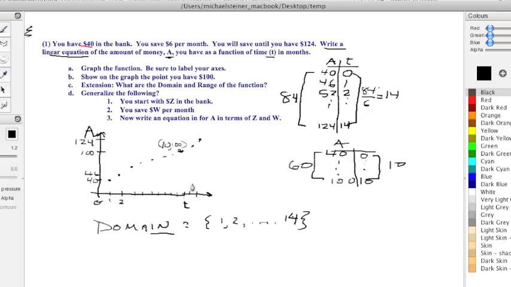Oh, and we didn't write the function here. Well, I guess I asked for it up here. Write the function. So let's write the function.